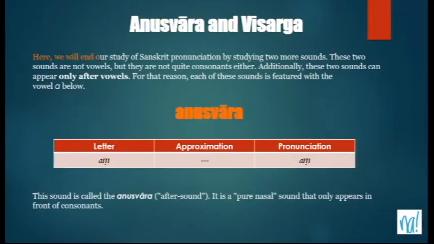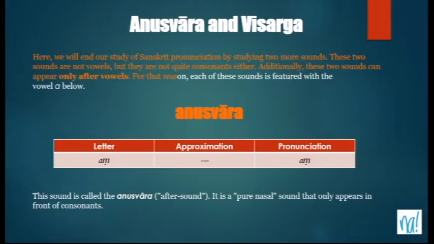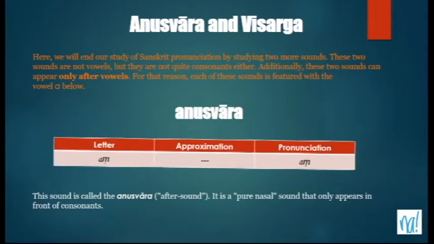Anusvara and visarga. Here, we will end our study of Sanskrit pronunciation by studying 2 more sounds. These 2 sounds are not vowels, but they are not quite consonants either. Additionally, these 2 sounds can appear only after vowels. For that reason, each of these sounds is featured with the vowel a. Anusvara: aṃ.